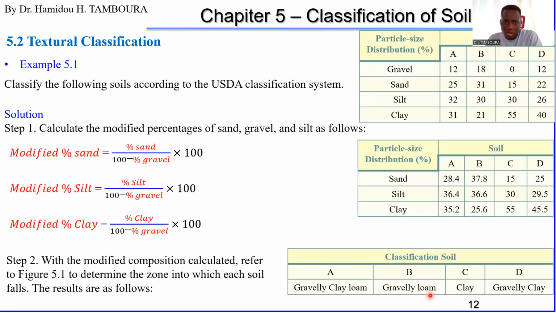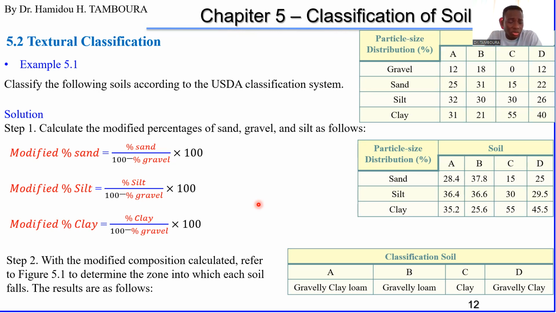Loam here is what you obtain for soil B on the chart, and clay for soil C, clay for soil D. But since soil D contains 12% of gravel, we will say gravelly clay. This is how this classification works. Okay, so for this classification, we are done, and I think there is nothing you cannot do about this classification. I hope you have understood everything about this classification.